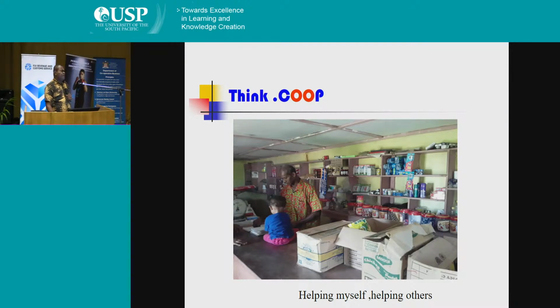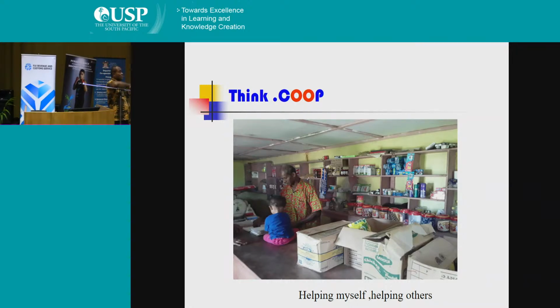This is a picture of a shopkeeper, a cooperative shop, when I visited Vatulele, maybe last year. Okay? So I took a shot of that shop. And you, hands up those who've been to Vatulele. Okay?